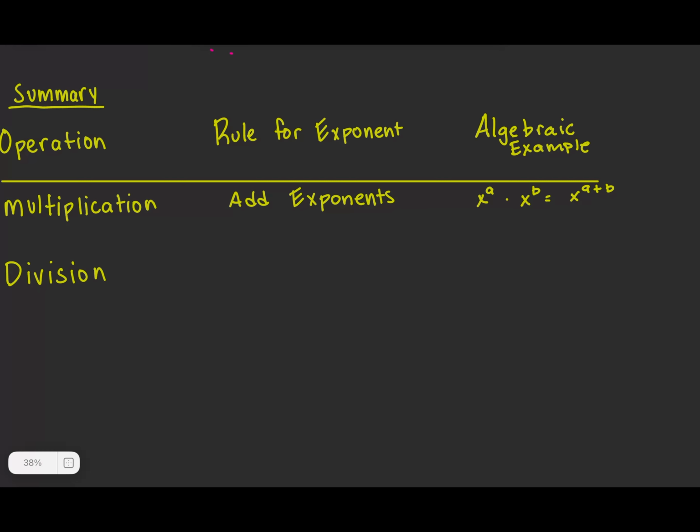In division, we're going to subtract exponents. So if we have x raised to a divided by x raised to b, this is the same as saying x raised to a minus b.